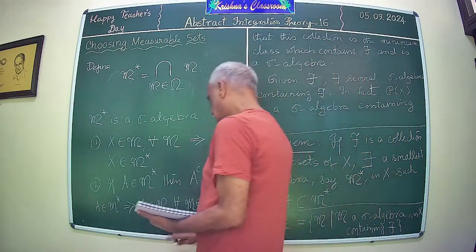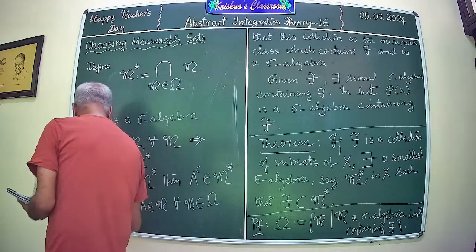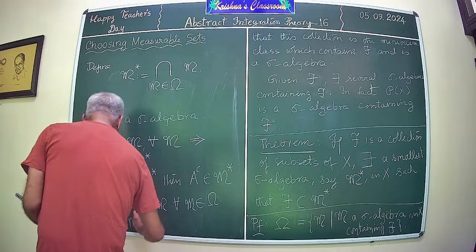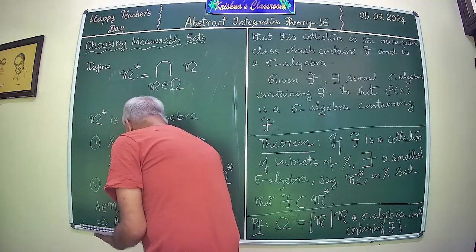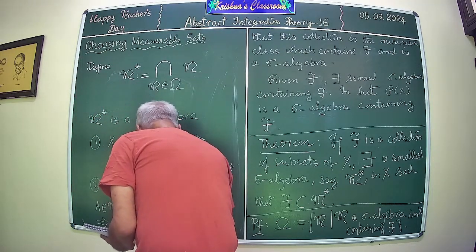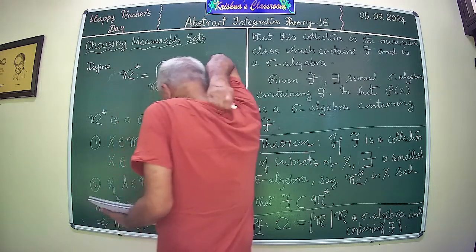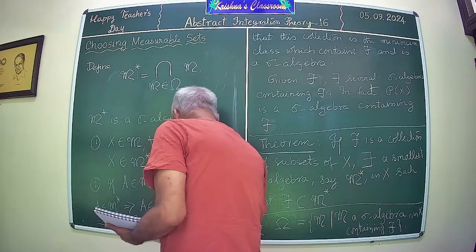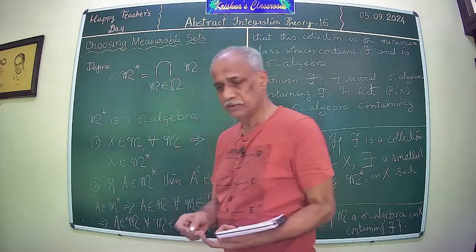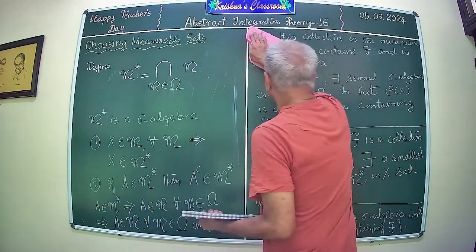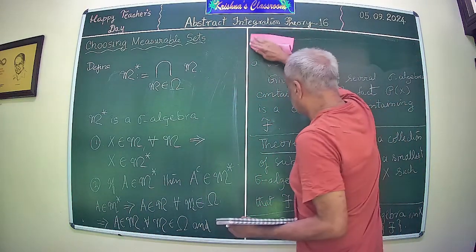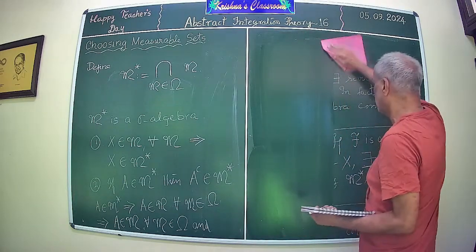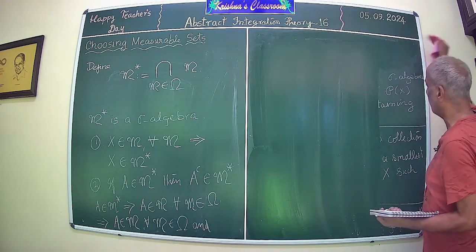Now, this implies A belongs to M for every M belonging to omega, and therefore, since M is a sigma algebra, A complement belongs to M.